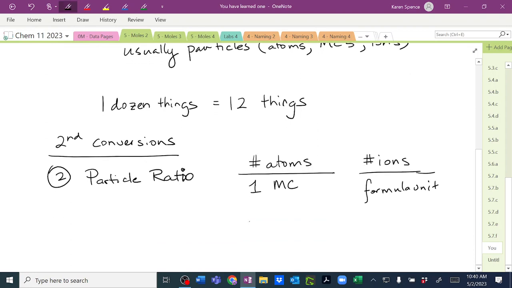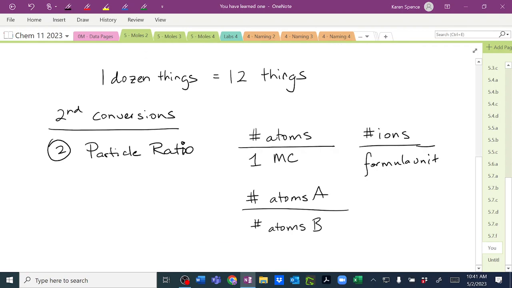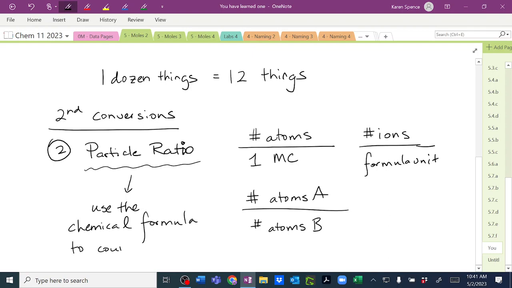And it could be the number of atoms of A to the number of atoms of B. Basically, it's comparing one type of particle to a different type of particle, and you will use the chemical formula to count the atoms or ions or whatever.